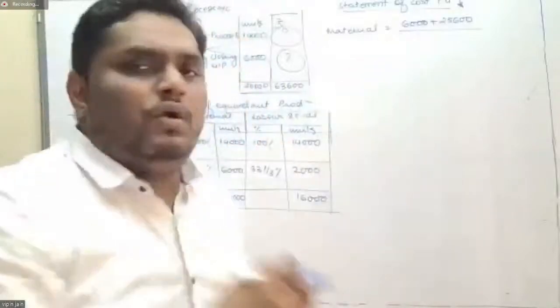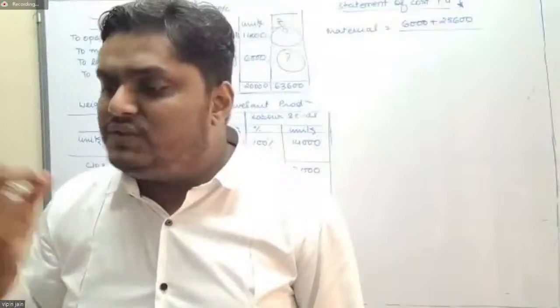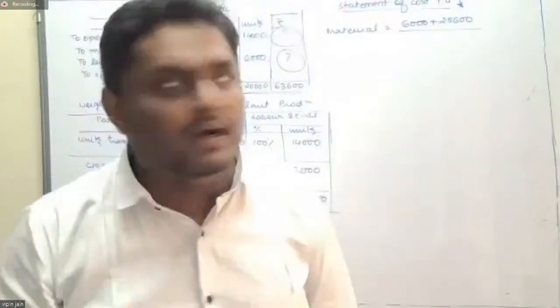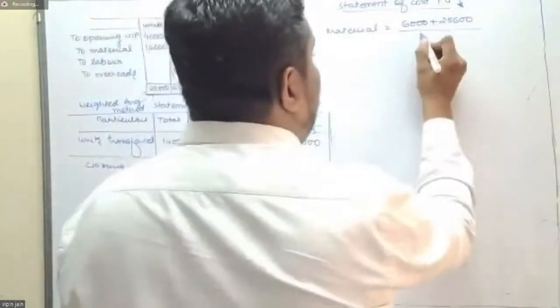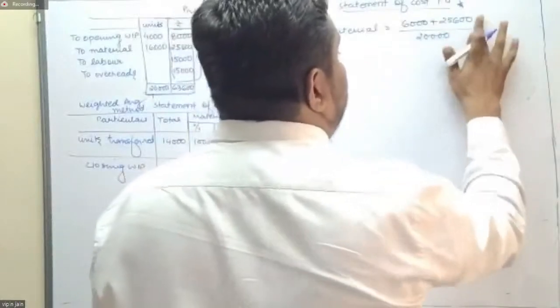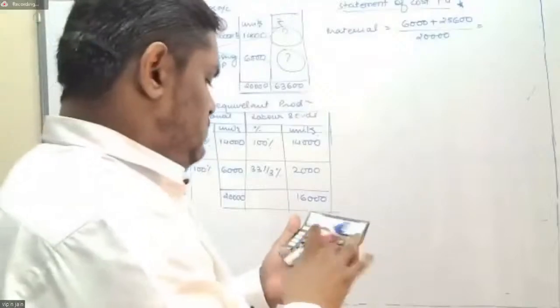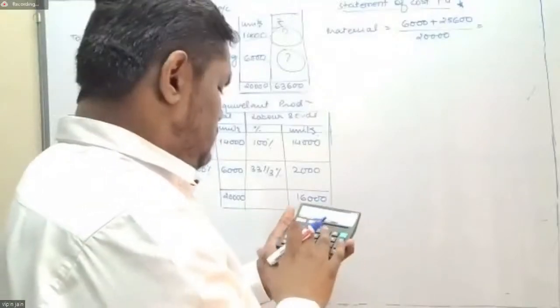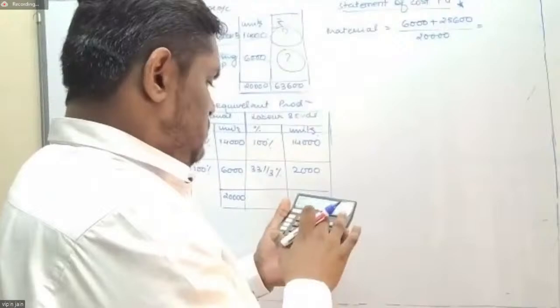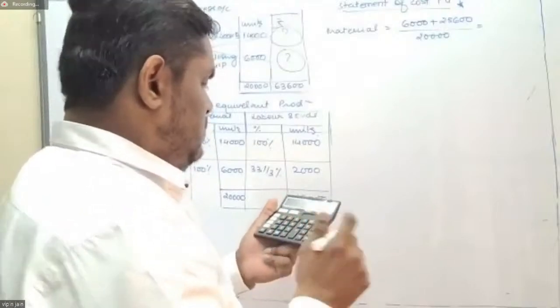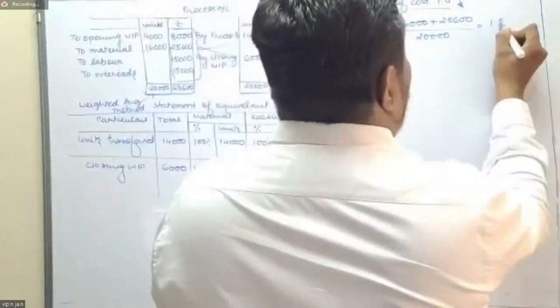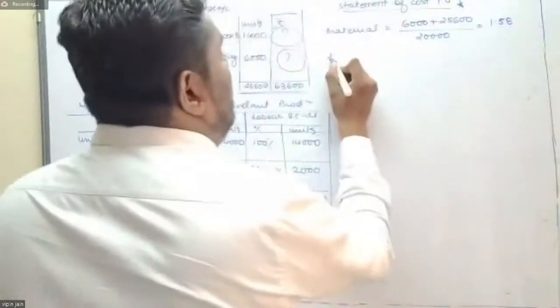So 6,000, the cost incurred last year, plus 25,600, the cost incurred this year, divided by equivalent number of units, that is 20,000, gives $1.58.